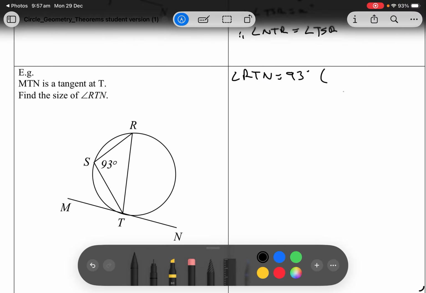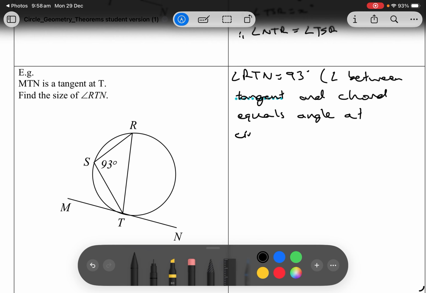And our reason is the angle between tangent and chord equals the angle at the circumference in the alternate segment.